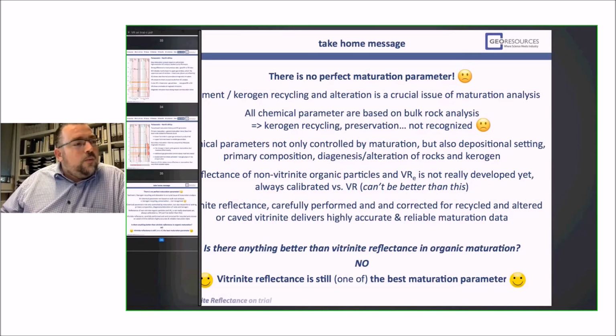Because we developed now with this project on the Arabian Peninsula very good technical tools to clearly identify the different types of organic matter, which, as I said, is not so easy on the polished surface.